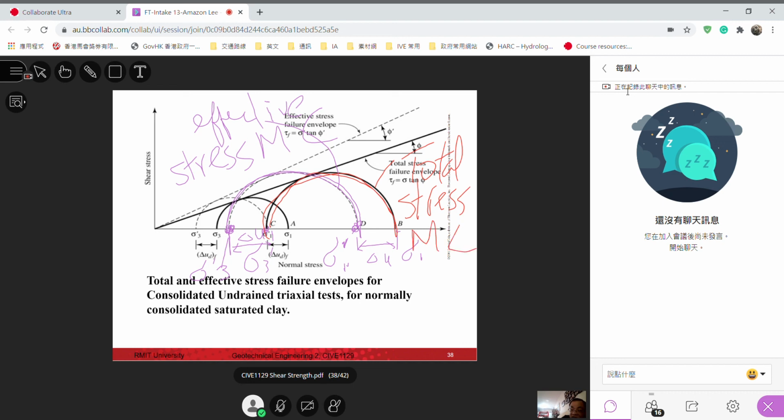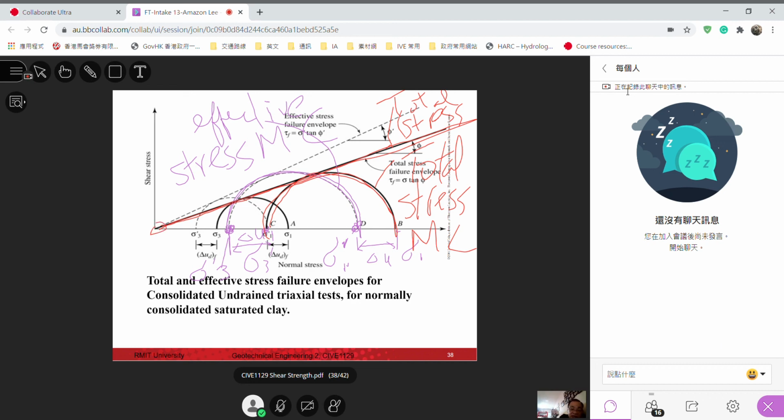Okay, if I draw a straight line tangential to the total stress Mohr circle, then this is the total stress failure envelope.